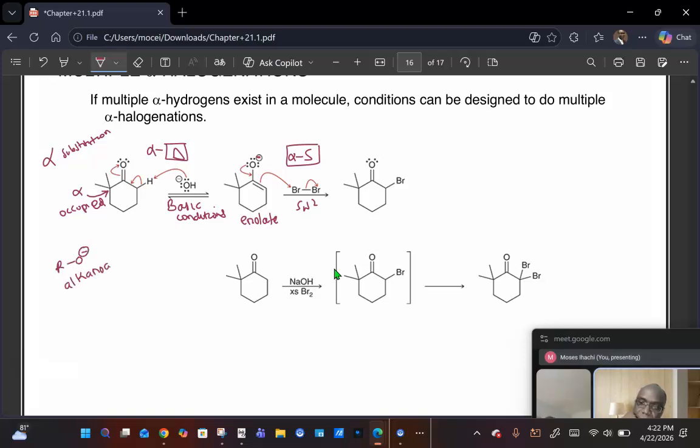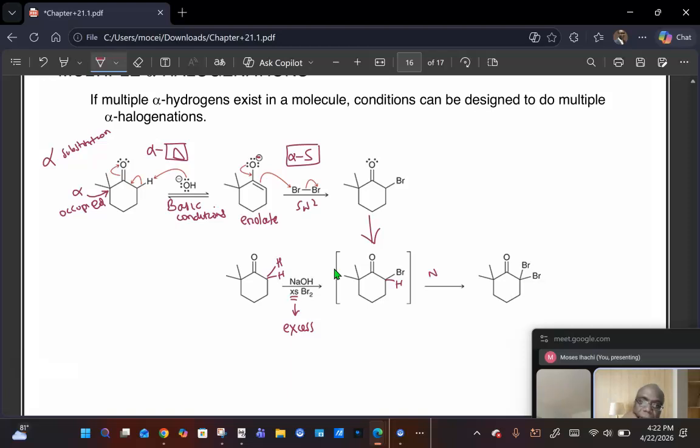All right. And they're telling you that if you have excess, XS is just excess, then you can do it multiple times because you have two hydrogens. Replace the one, that's what we got here. And then you do it again. Your sodium hydroxide plays a role.